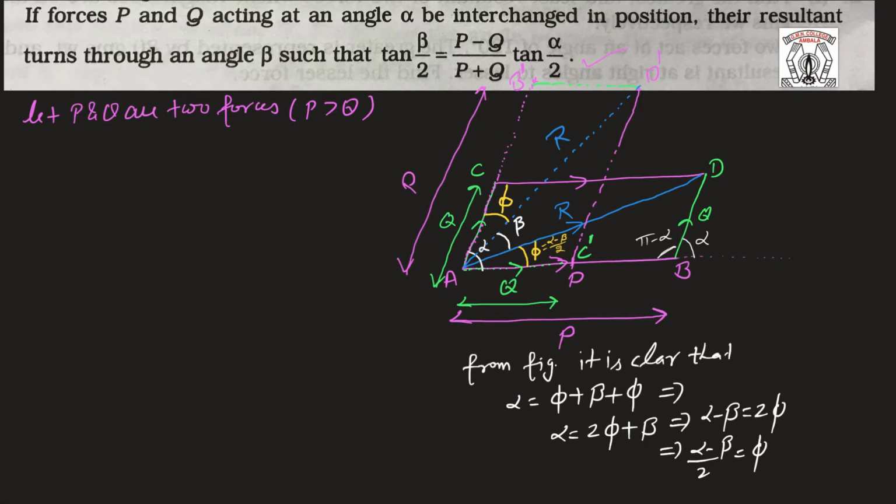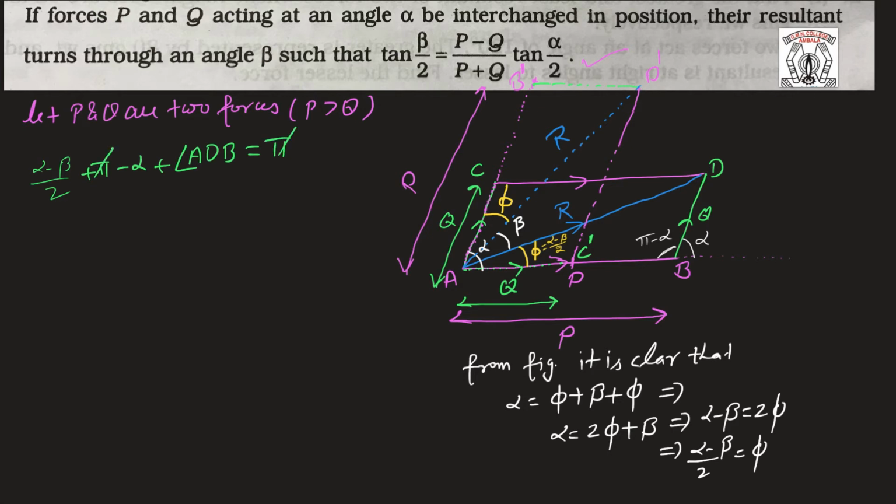Now see, we require this angle, and we know the sum of the three angles of a triangle is 180 degrees. So in the triangle, the sum of the angles is 180 degrees: alpha minus beta by 2 plus pi minus alpha plus angle ADB is equal to 180, which is pi. Pi and pi will cancel out.